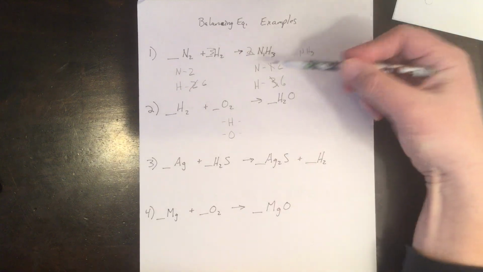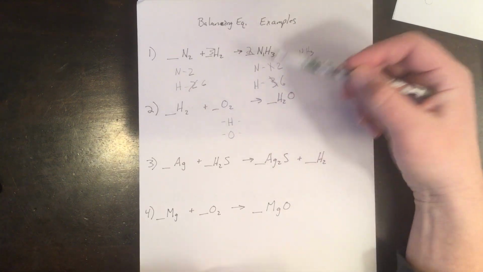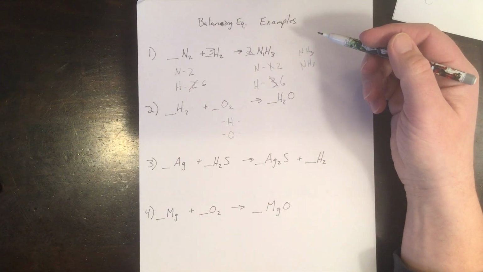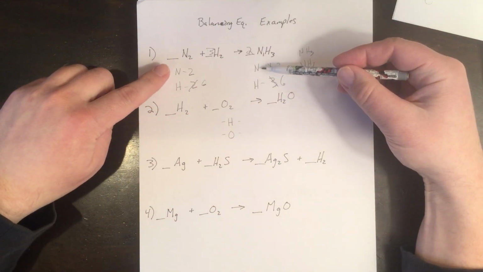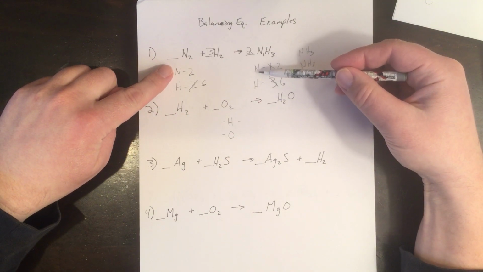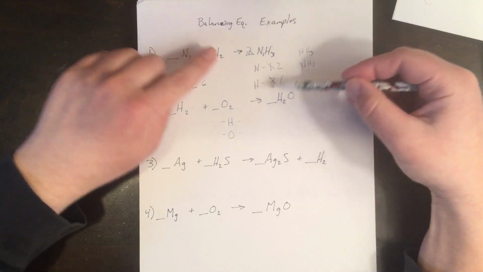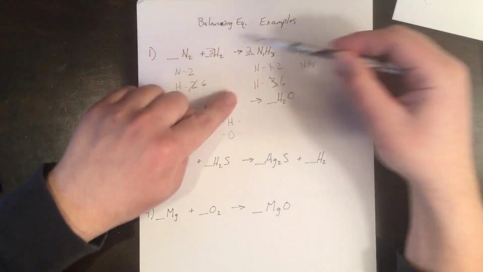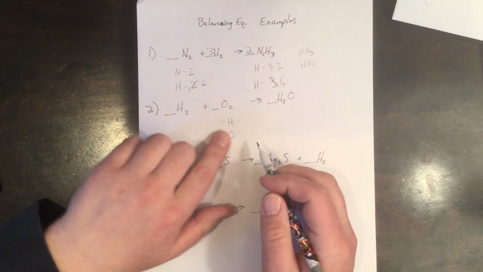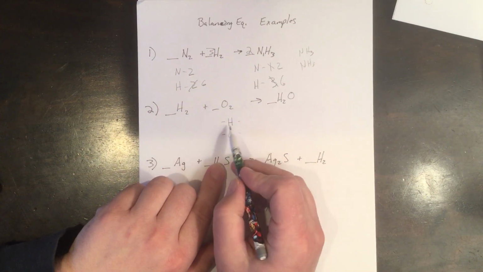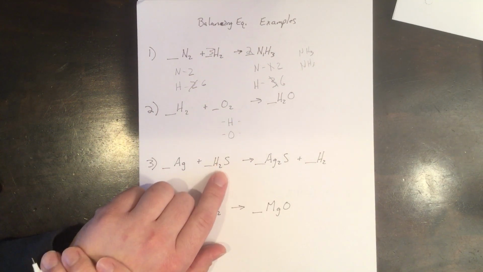I grew up always doing it this way, and it's pretty simple, because what could happen up here is sometimes students may put a hydrogen first over here and nitrogen first over here, and they have a hard time figuring out where the numbers go. In this case, it's pretty simple. On each side we have hydrogen, on each side we have oxygen.